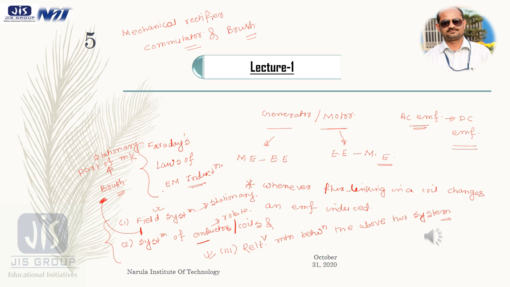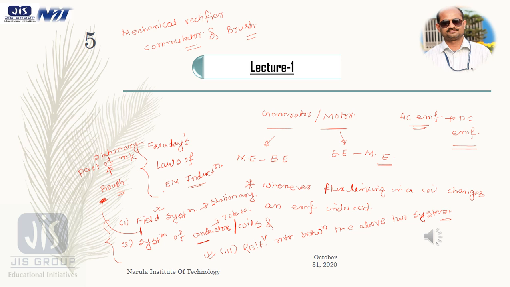Okay, but the commutator assembly, however, is placed in the rotating member of the machine along with the system of conductors or coils in which the AC EMF is induced.